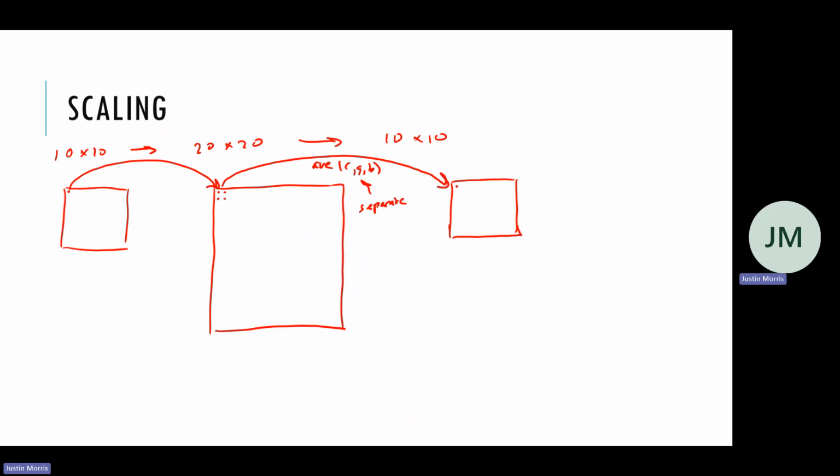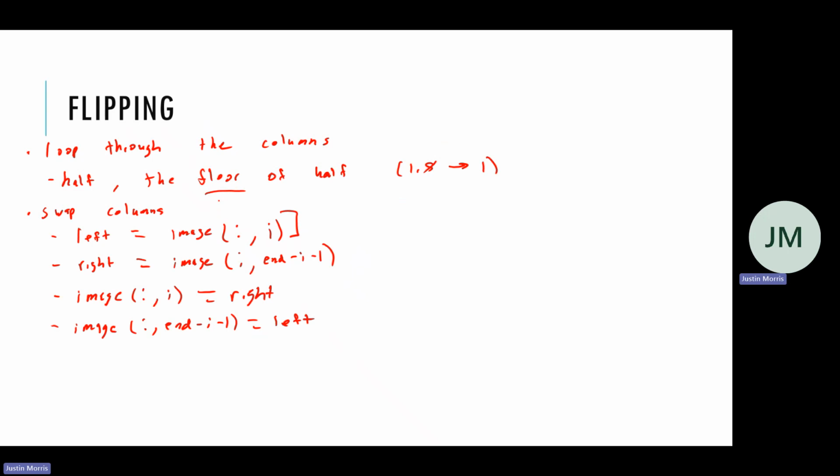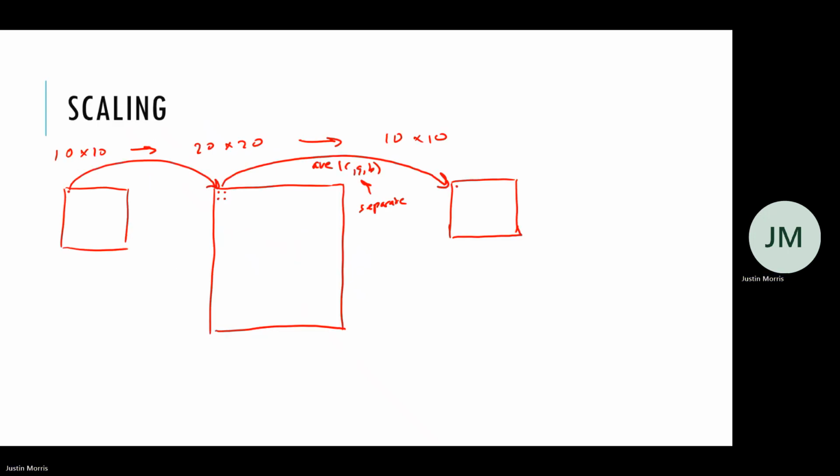Or I mean, take a column and then duplicate it and then put it next to the original. Not really, because you have to intertwine them, because I need this 1 pixel to become this pixel, this pixel, this pixel, and this pixel.